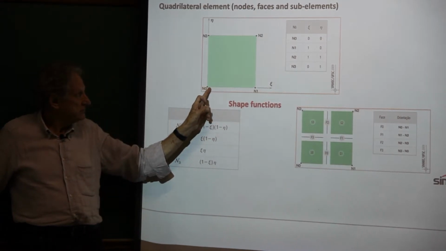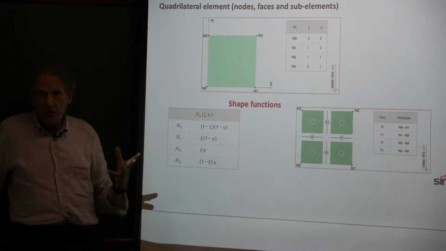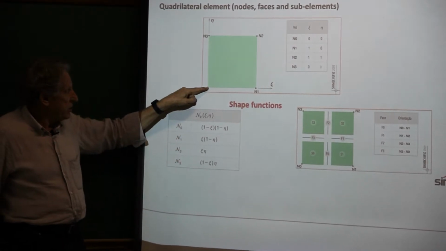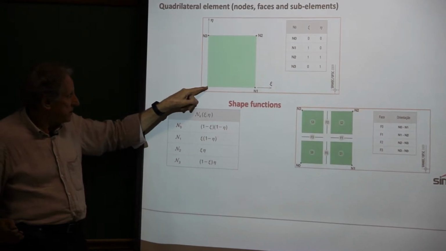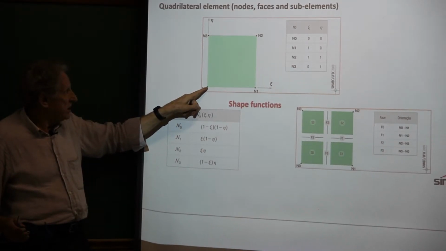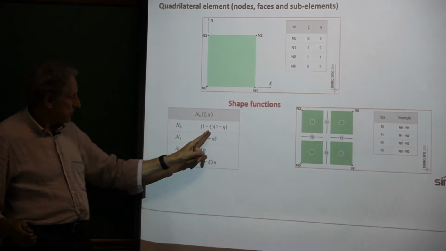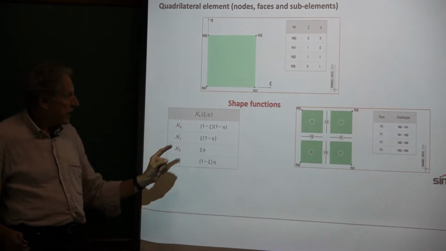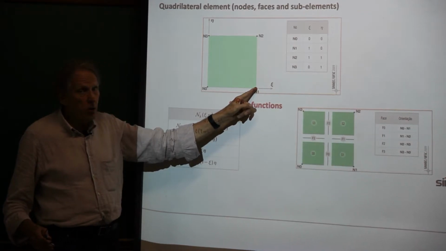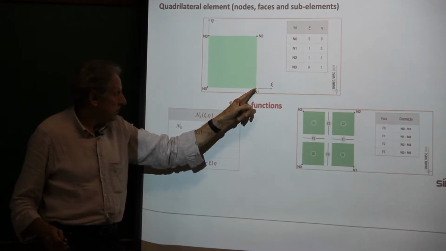And this one is here. But of course, n0 has to be 1 in this point. What point is this one? 0 and 0, and n0 is 1. In this point, n0 has to be 0.